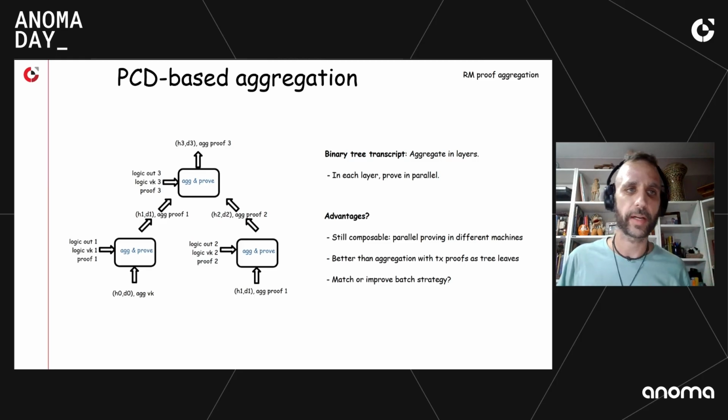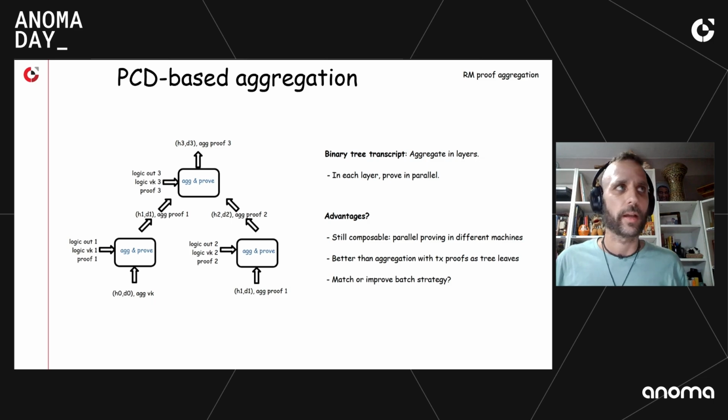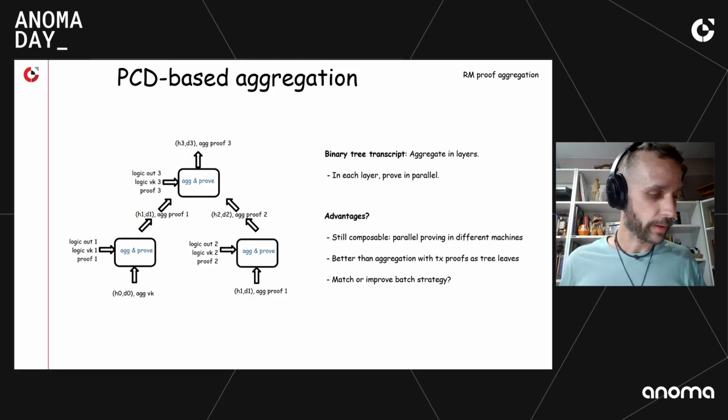So the aggregation overhead would be shorter in this case. And the question is whether this matches or improves the batch strategy. So this is the first thing that we could look into, PCD-based aggregation.